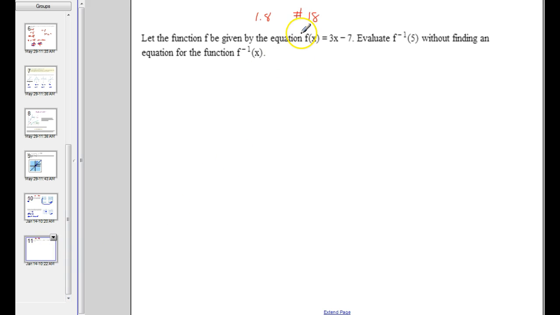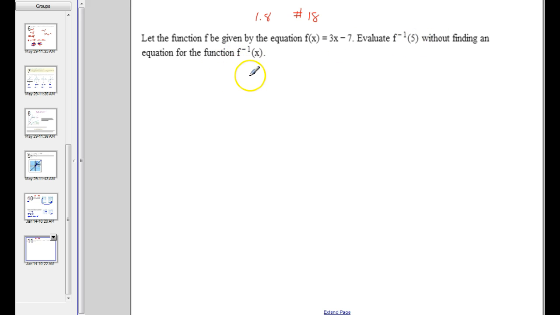Alright, and this is number 18 from your 1.8 homework. If this is the function, f of x equals 3x minus 7, that's f. We want to evaluate the inverse of f at 5 without finding the equation.